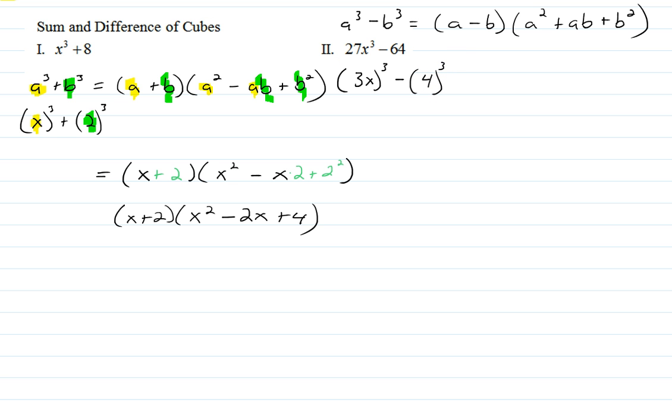So wherever there's an a, I'm going to put a 3x. So I got to put a 3x here, a 3x here, and a 3x there. Now this is going to be squared.